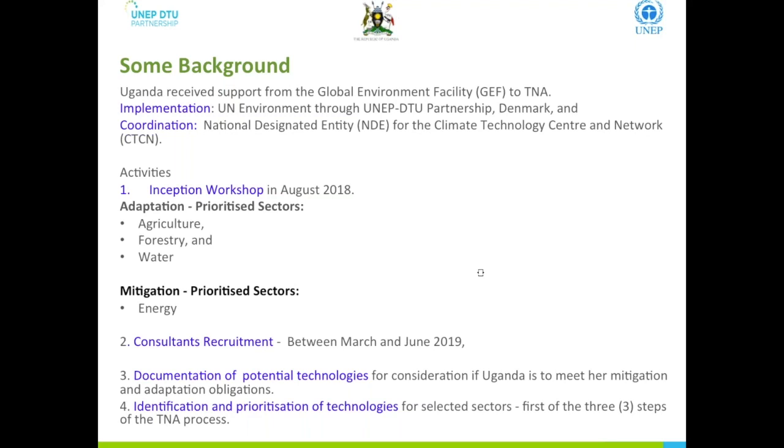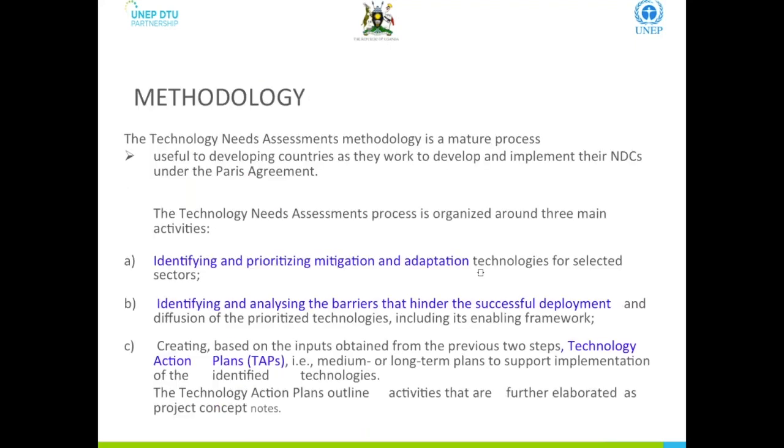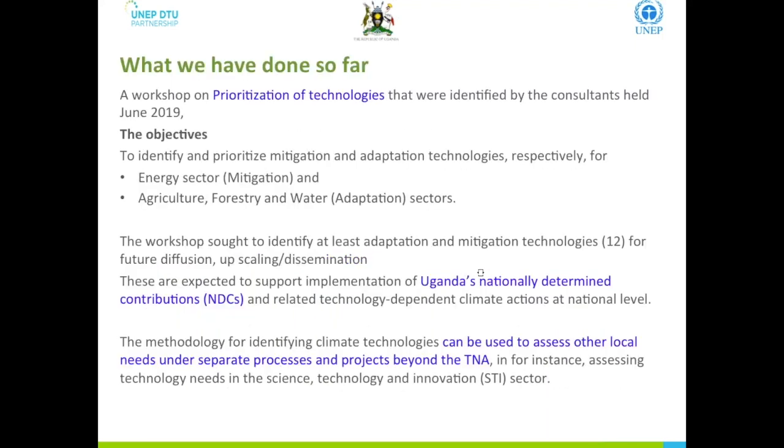So in effect, the stakeholders identified sectors under adaptation: agriculture, forestry, and water. And under mitigation, the stakeholders zeroed in on the energy sector. After that, we got our consultants on board, and they started working immediately and came up with a long list of technologies that they could get from whatever sources within the country.